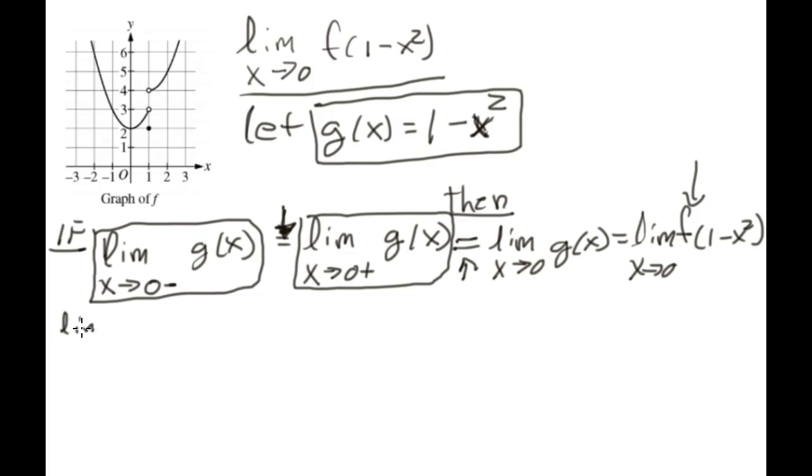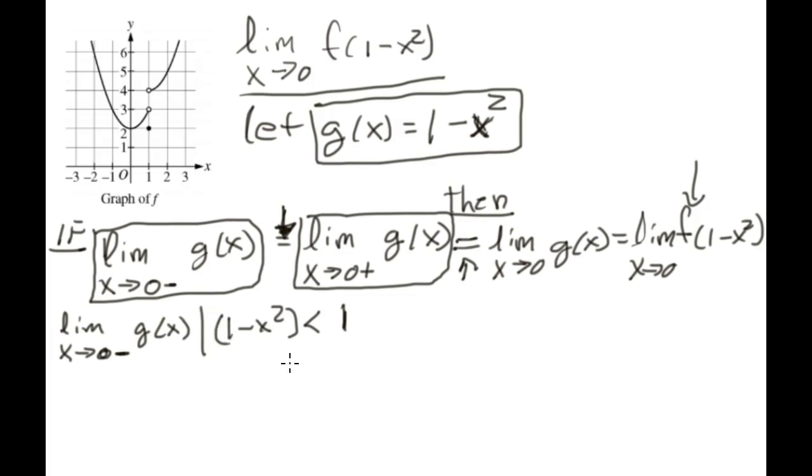What is the limit as x approaches 0 from the left of g of x? Okay, note, g of x is equal to 1 minus x squared. That value is always less than 1 when I have a number that is to the left of 0.